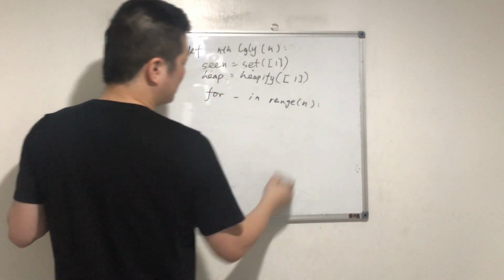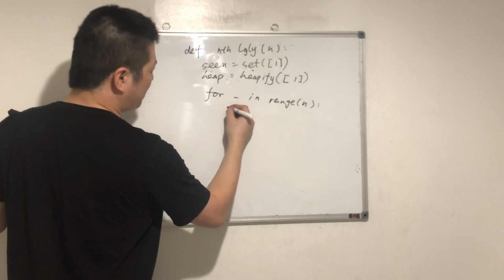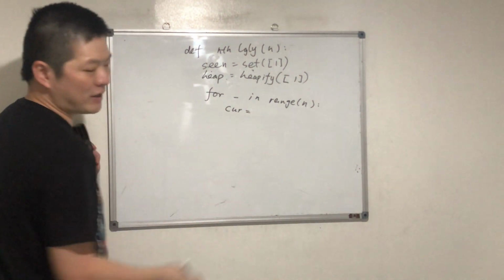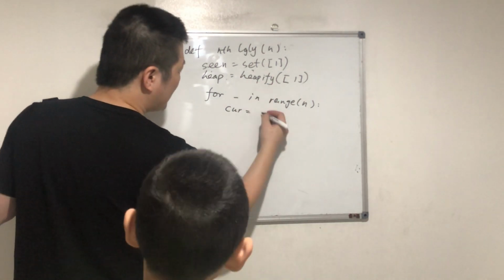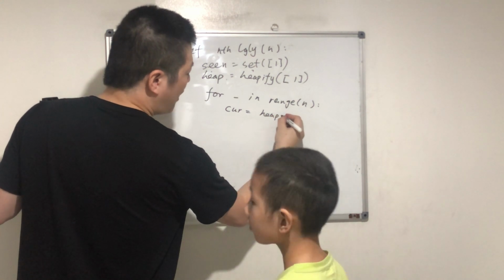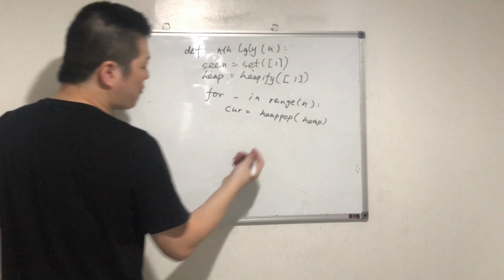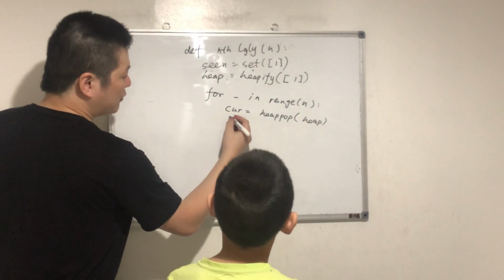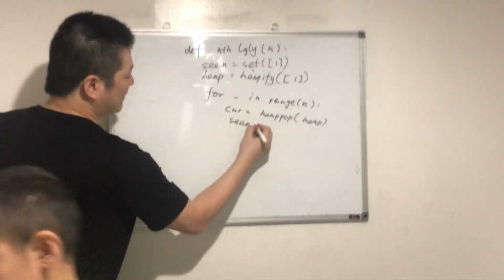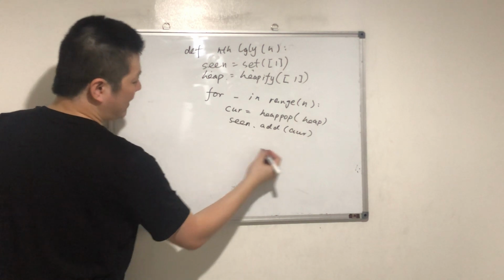We take the current ugly number, the smallest current ugly number from the pool. So we use heappop from the heap. Now we take this number and put it into the seen set: seen.add(current).